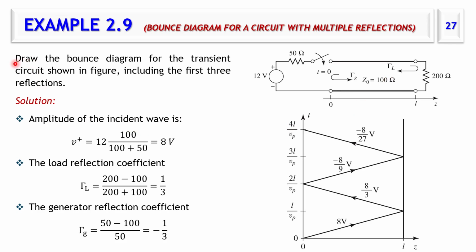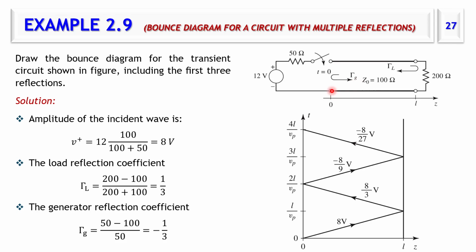So we are requested to draw the bounce diagram for the transient circuit shown in the figure, including the first 3 reflections. Notice that gamma G is drawn correctly in the book at this point.